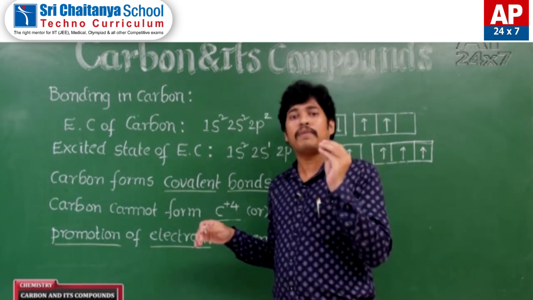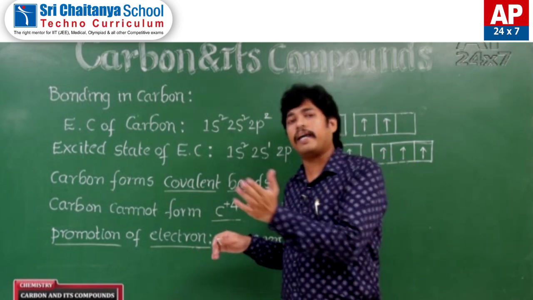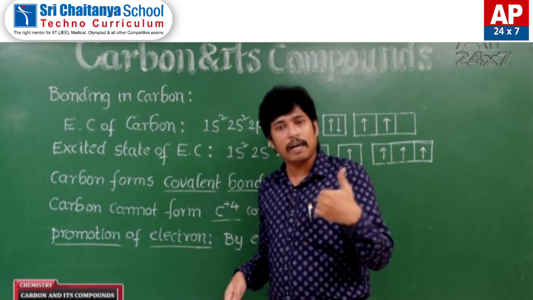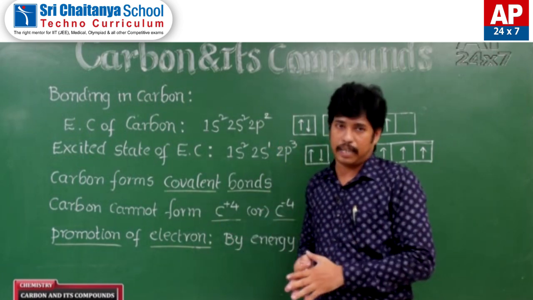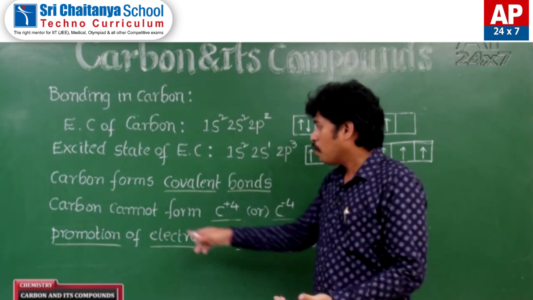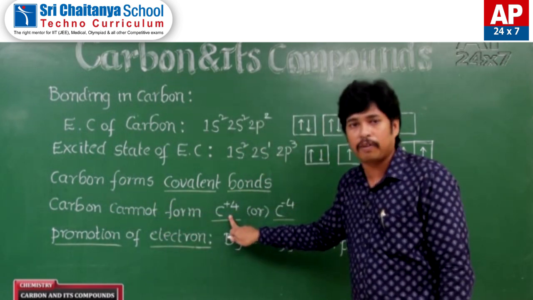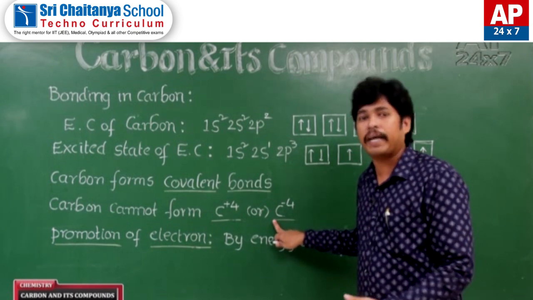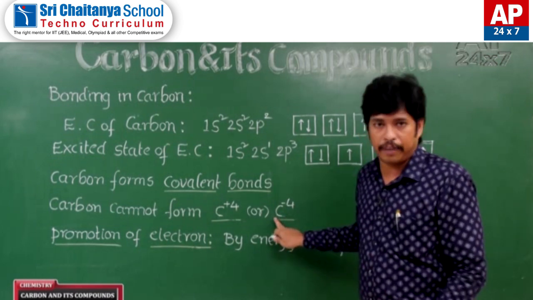That means carbon cannot show the highest electropositive character or the highest electronegative character. That means the complete loss or complete gain of electrons is not possible for carbon. As a result, we can conclude carbon cannot form either C+4 by losing 4 electrons or C-4 by gaining 4 electrons to get the octet configuration.